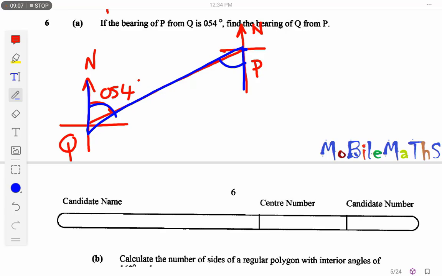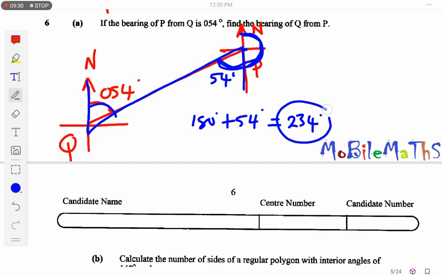So it is also going to be 54 degrees here. Then we have an addition of 180 degrees, so 180 degrees plus 54 degrees gives me 234 degrees. So the whole angle going from north to the bearing of Q is 234 degrees. So that's how we answer that question.